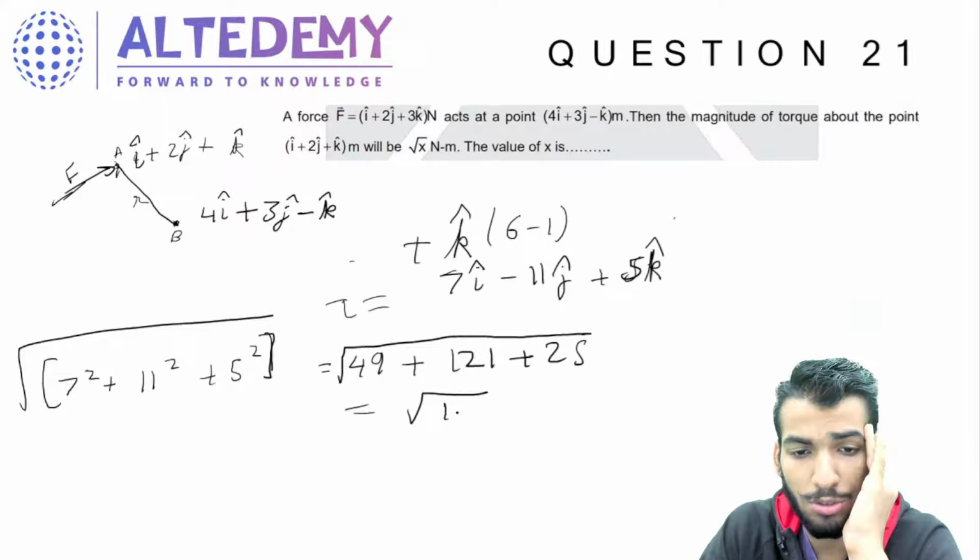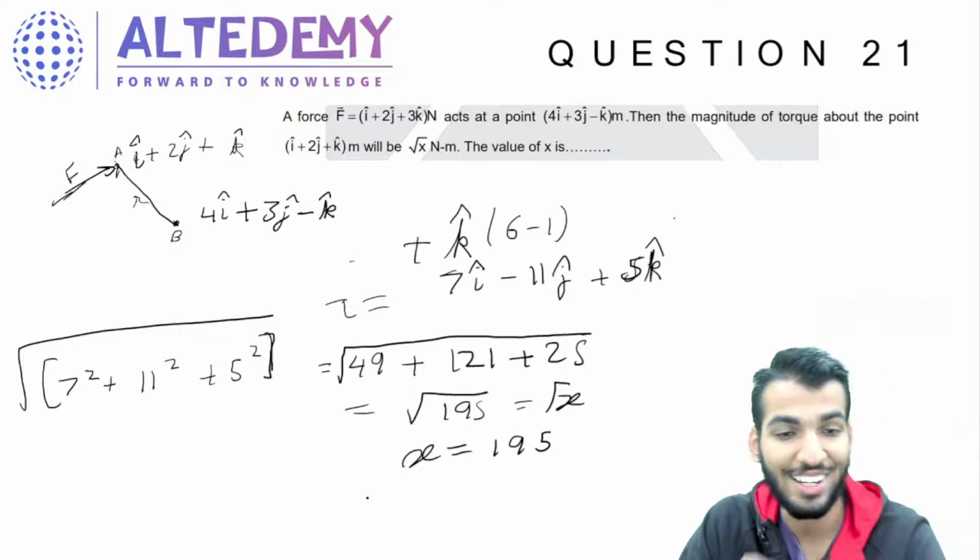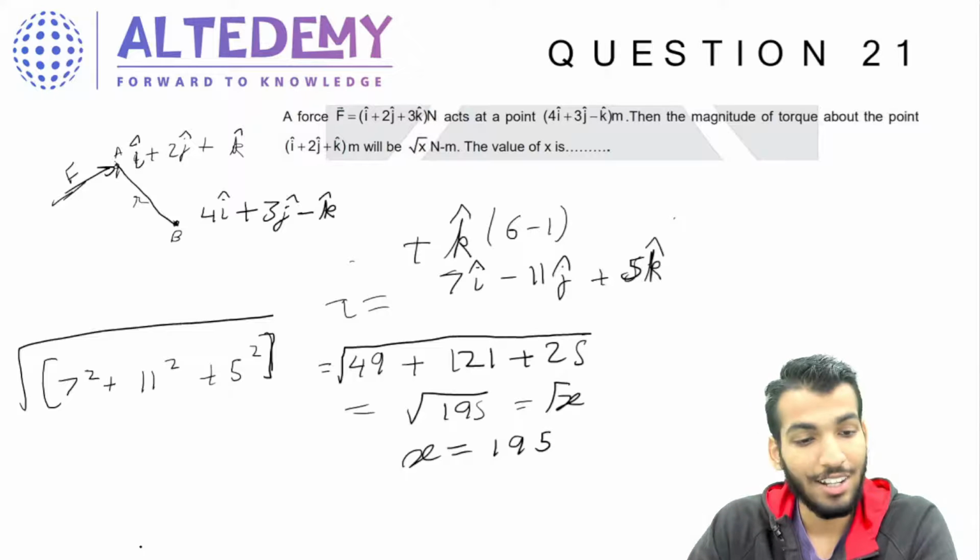So that will be equal to root 195, and root x is also equal to root x. So we have x as equal to 195. So ladies and gentlemen, we have our answer here. And let's move further.